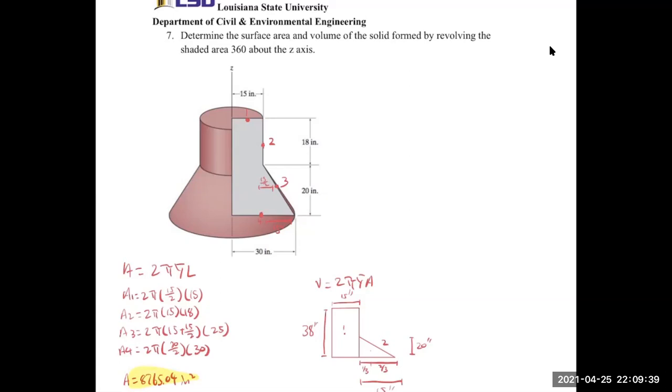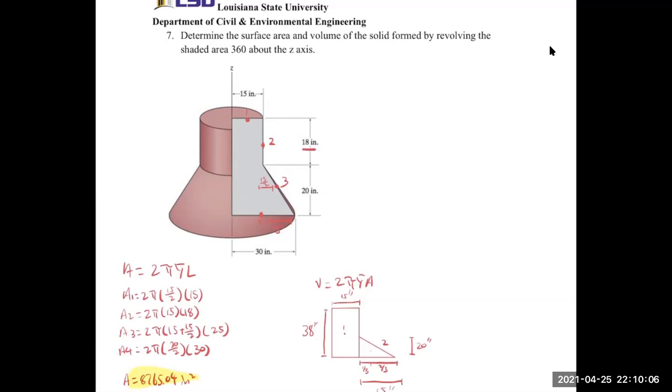We don't consider this point right here because at this point we don't have any y bars. We only consider its outer edge perimeter. So A2 is right here, and the centroid for A2 is basically just 15 inches, and then the length will simply be that 18 inches. So that's what I got for A2.